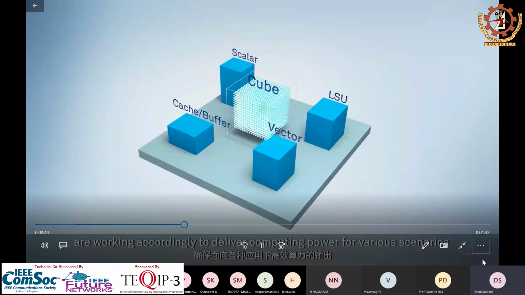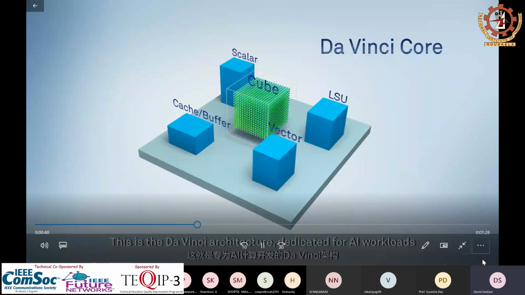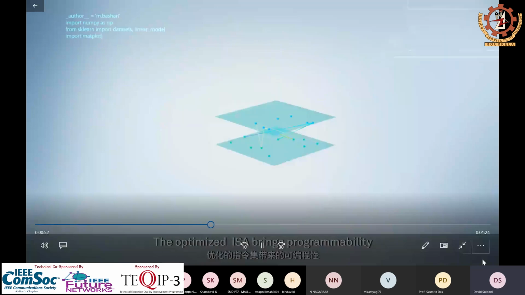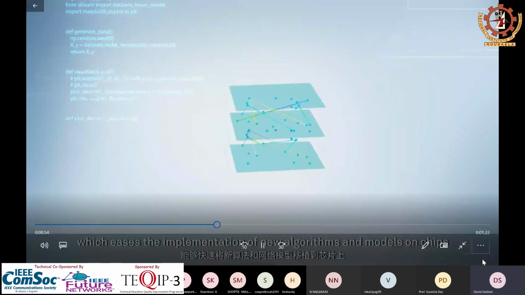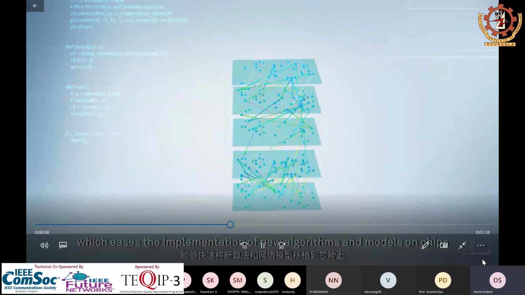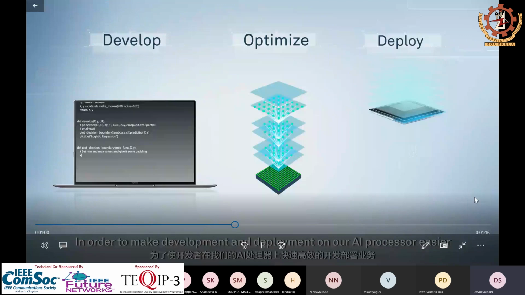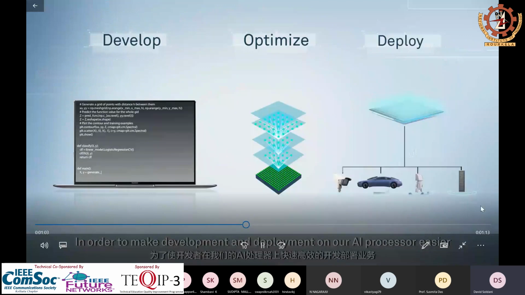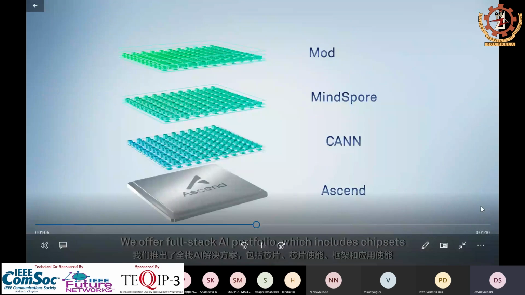This is the Da Vinci architecture, dedicated for AI workloads. The optimized ISA brings programmability, which eases the implementation of new algorithms and models on chips. In order to make development and deployment on our AI processors easier, we offer a full-stack AI portfolio, which includes chipsets, chipset enablement, frameworks, and application enablement.